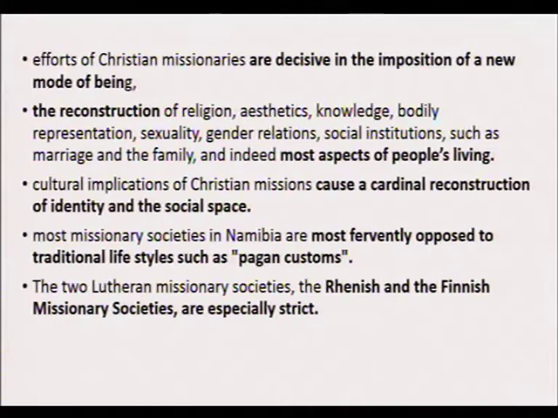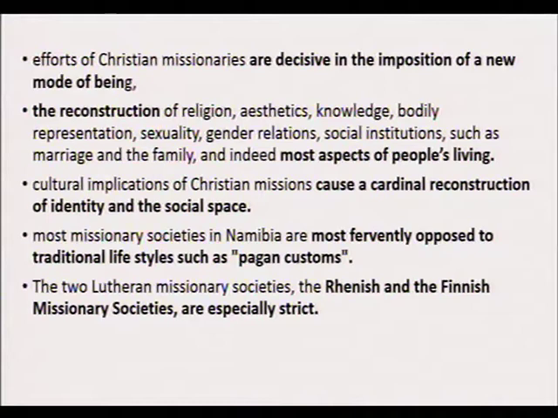The efforts of the Christian missionaries were decisive in the imposition of a new mode of being. They wanted to reconstruct the religion, the aesthetics, the knowledge, the bodily representation, sexuality, gender relations, and actually every aspect of people's living in Namibia.